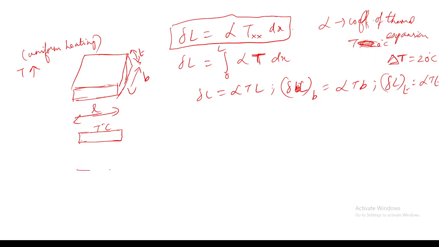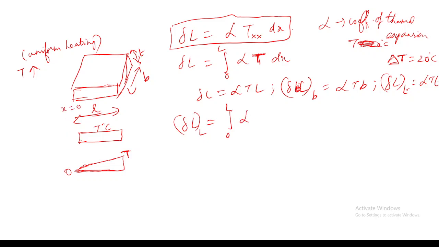For example, imagine this rectangular slab is heated non-uniformly, and the temperature distribution varies uniformly. Can you say what will be the elongation along the length, delta L? Integrate 0 to L alpha t. For t, what can I substitute?